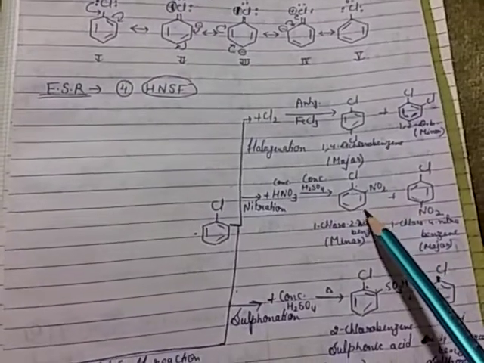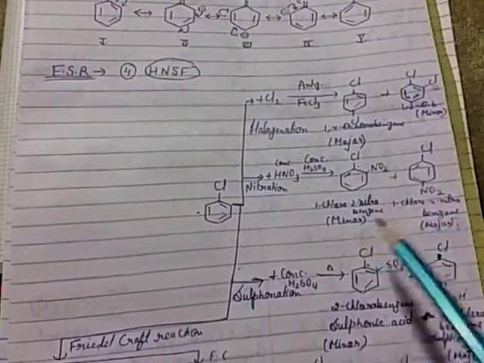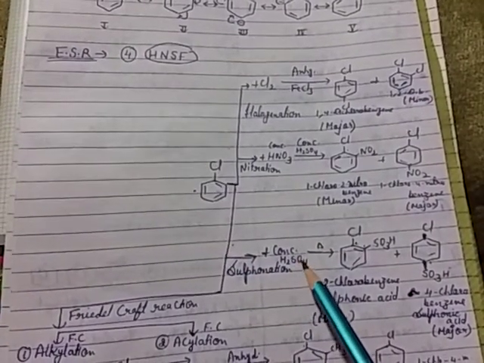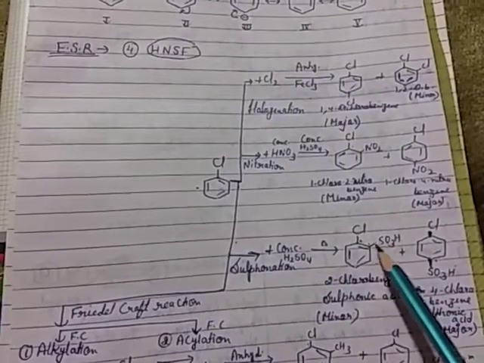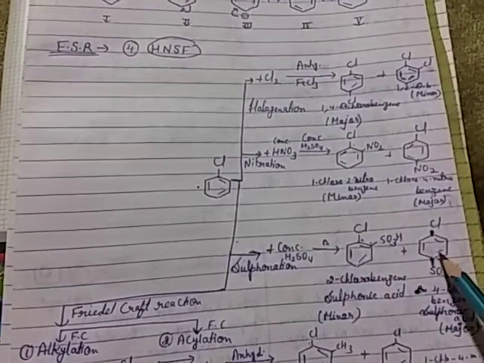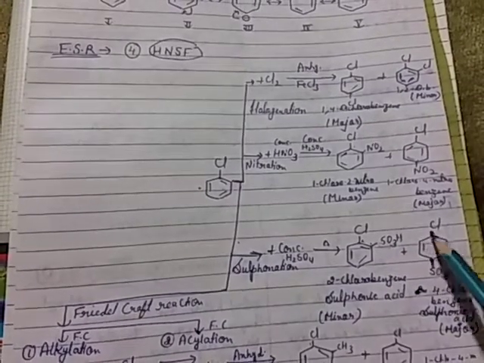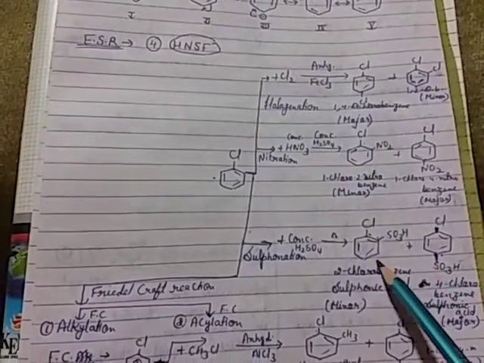So the NO2 group attaches at the ortho and para positions. The para compound is major. Then sulfonation of chlorobenzene: react with concentrated H2SO4 and heat. So 2-chlorobenzene sulfonic acid and para 4-chlorobenzene sulfonic acid are obtained. It is a major and it is a minor.